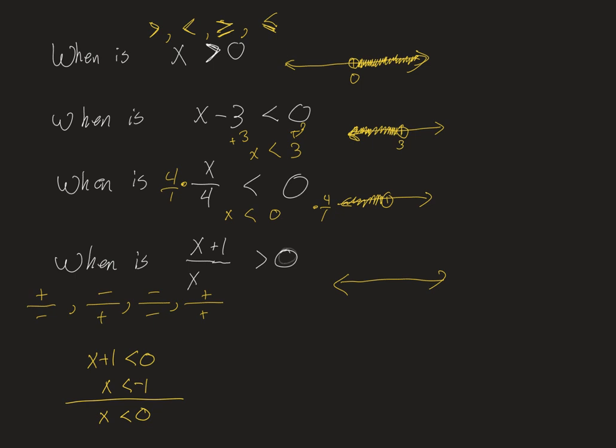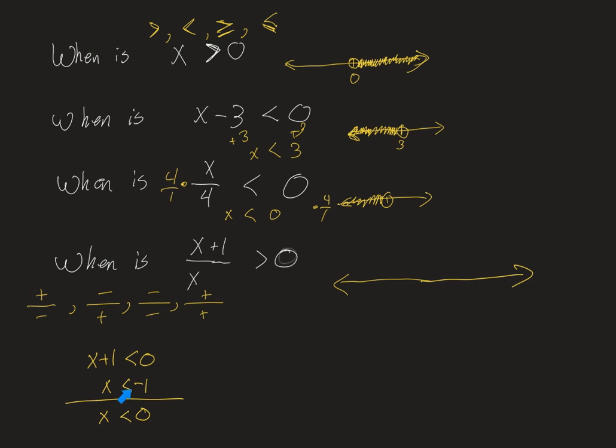On my number line, I'm going to go ahead and erase, just make it a little bit longer. And here, these are and. What do I mean by and? The numerator has to be negative and the denominator has to be negative. When that happens, then the whole fraction is positive.